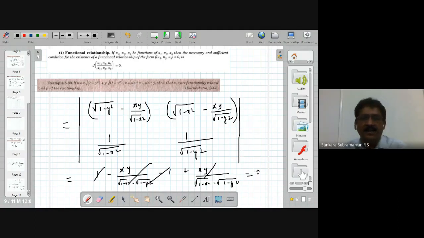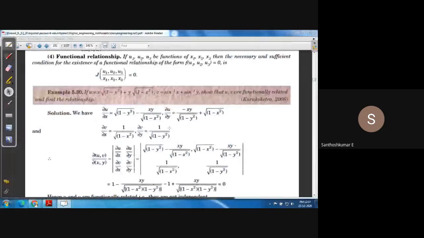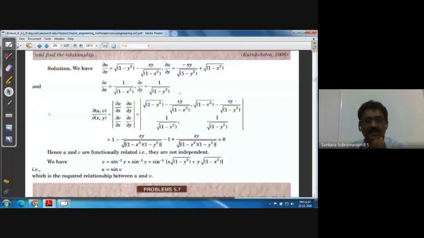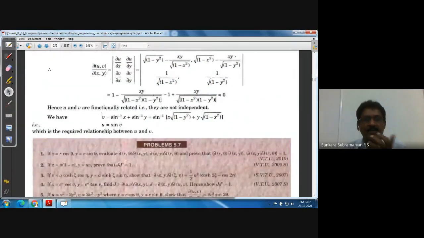What is the functional relationship? You should know the formula for sin inverse of a plus b. Do you know? There is a formula for sin inverse of x plus sin inverse of y. Yes sir, if you search on Google you will know. Yes, x into root of 1 minus y square plus y into root of 1 minus x square. Please note this down.